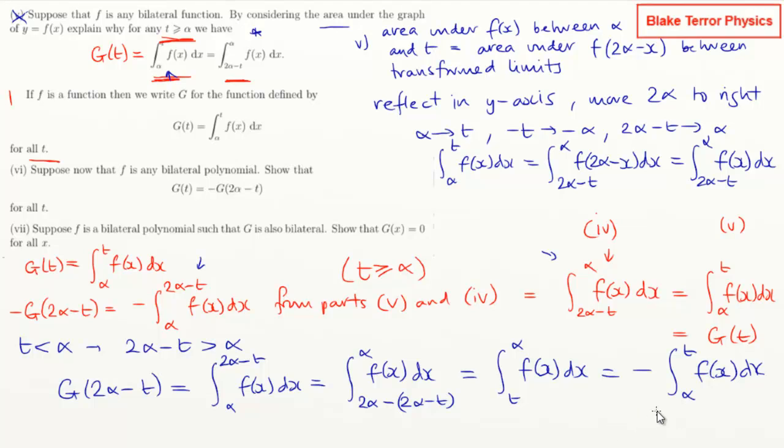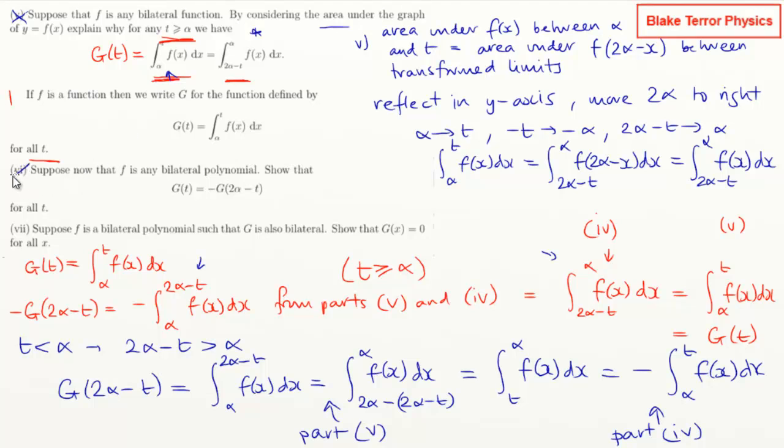So that is from part 4, and this is from part 5, doing this step here, and that step's from part 4. Okay, and then once again we've shown the same. I have done essentially the same thing. I've just done 4 and 5 different ways round, depending on whether I'm looking at t being greater than or equal to alpha, or 2 alpha minus t being greater than or equal to alpha.